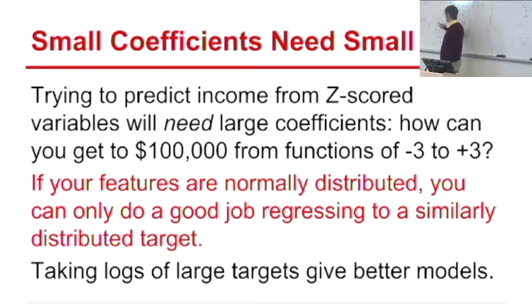The sum of a bunch of normally distributed variables is going to be normally distributed, right? So there's no way you can predict income from normally distributed variables. You might be able to predict the log of income from normally distributed variables, because the log of income is maybe normally distributed. And if so, that's the model you should be predicting.